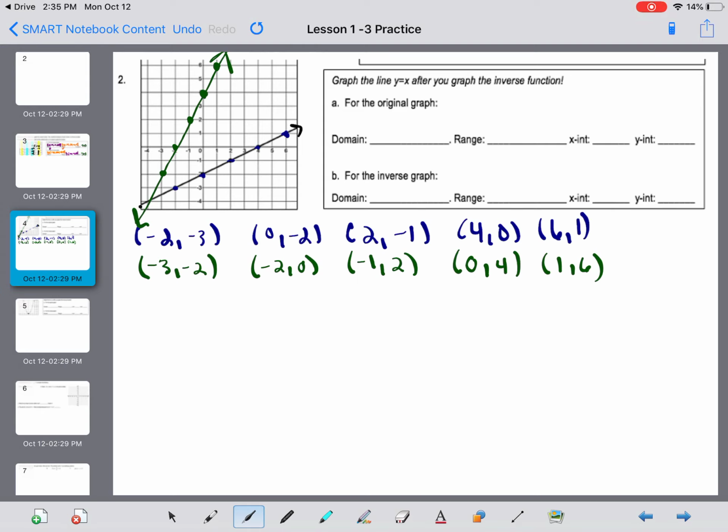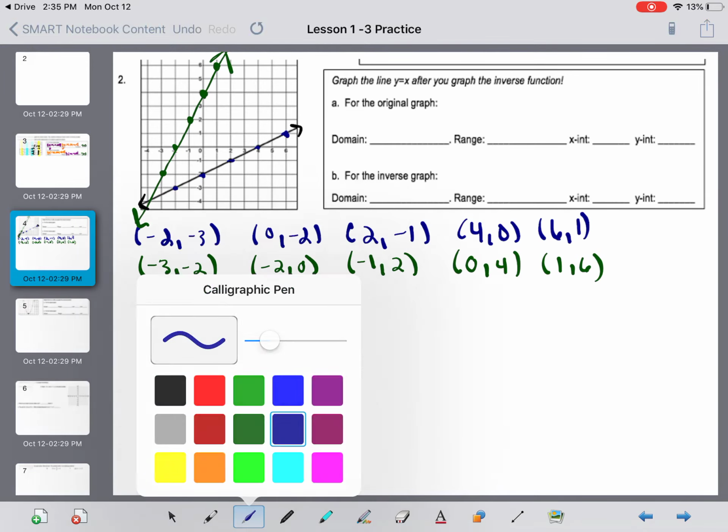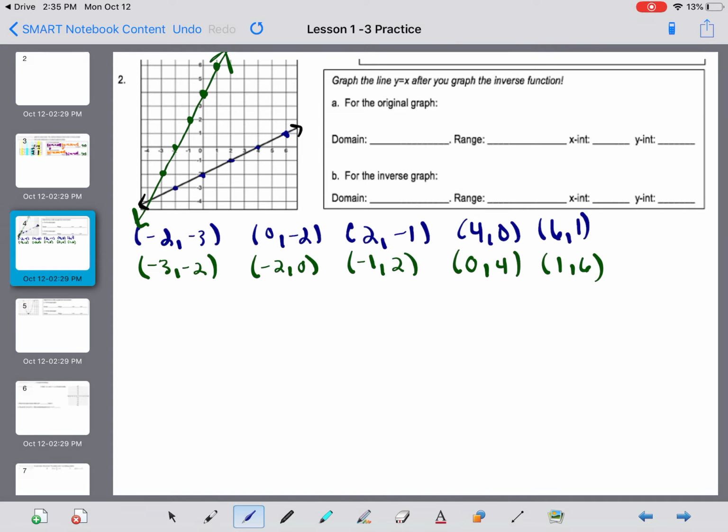Okay. So for our domain of the original graph, it's a linear function, so it's going to be from negative infinity to positive infinity. Same thing for the range. It's from negative infinity to positive infinity.